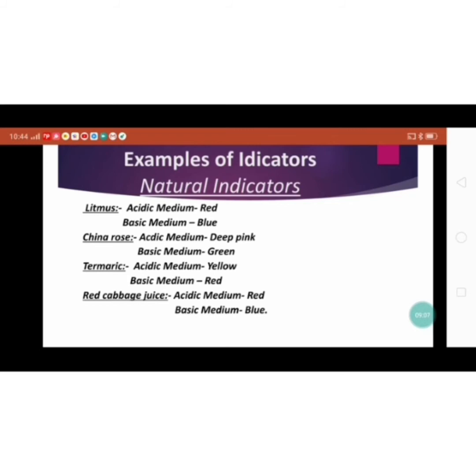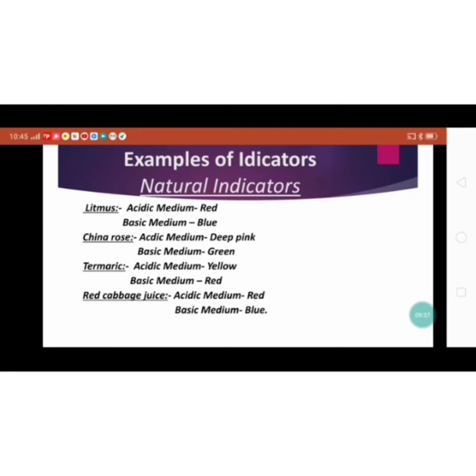Now come to the next variety of natural indicators, that is China rose. The red color China rose petals are used to make China rose solution. It is very easy to prepare China rose solution. I will show you how China rose solution is prepared as we move on.